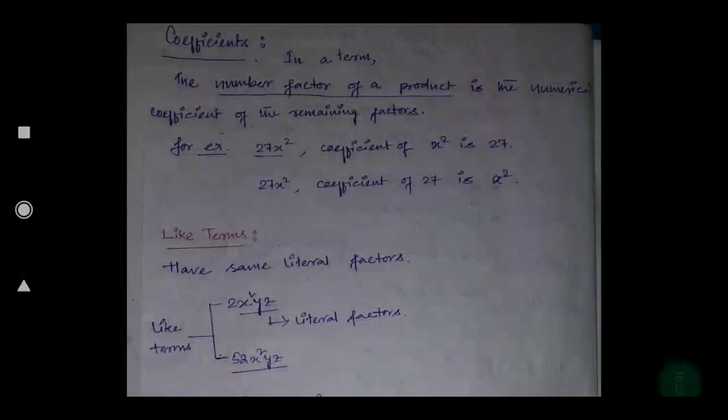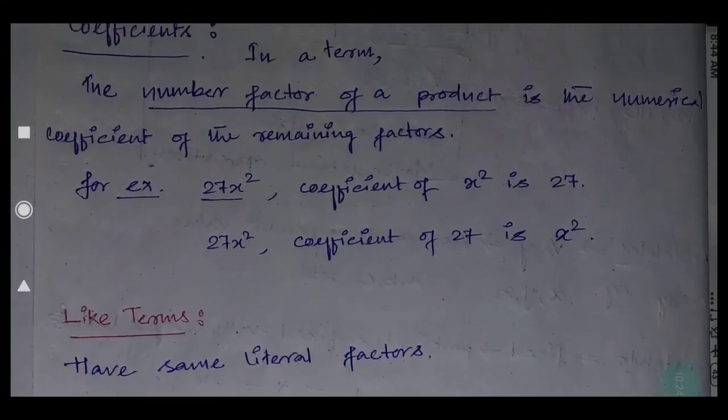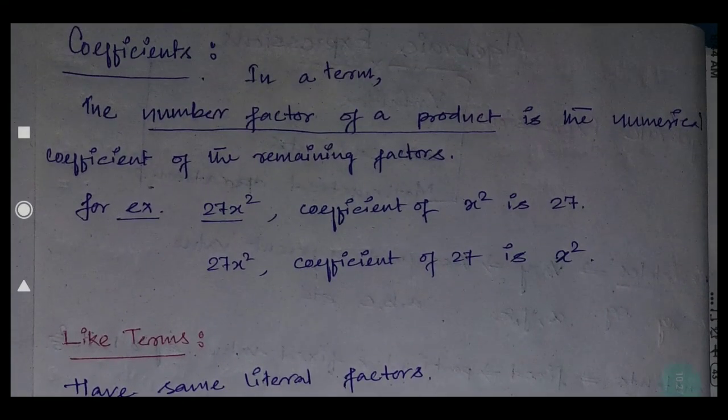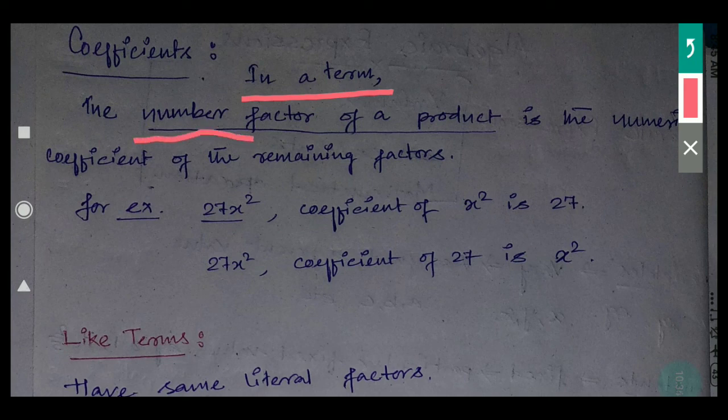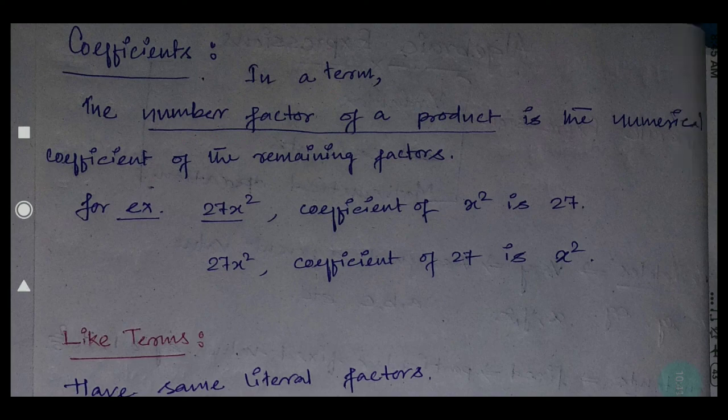Okay, now coefficient in a term, not in algebraic expressions, in a term: the number factor of a product is the numerical coefficient of the remaining factor.